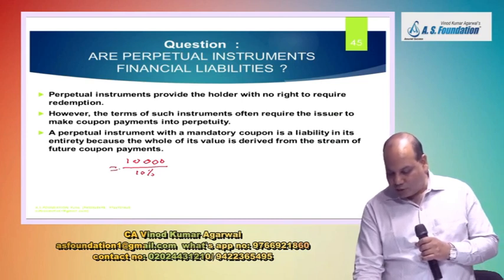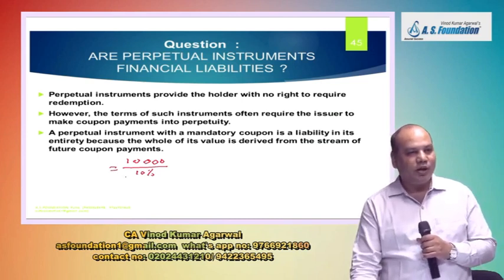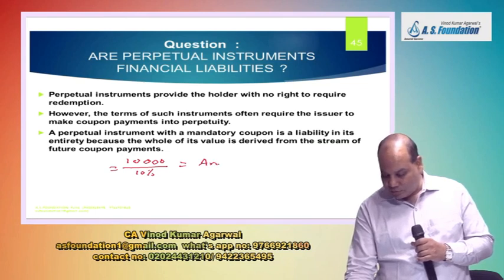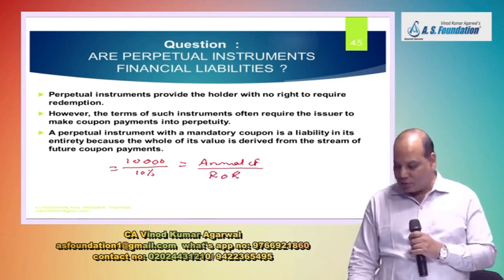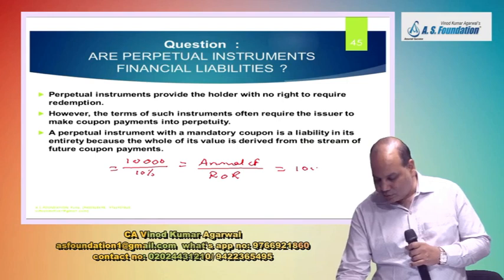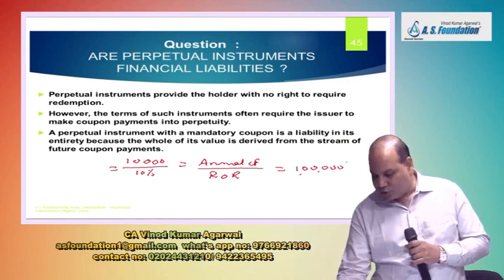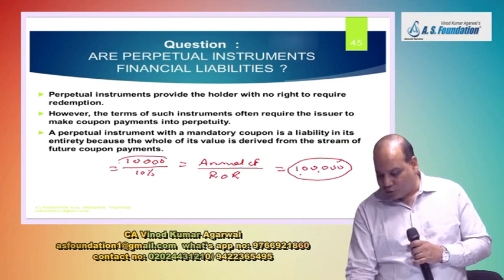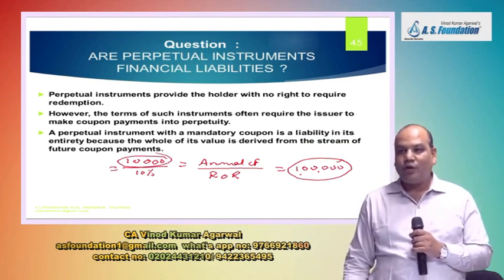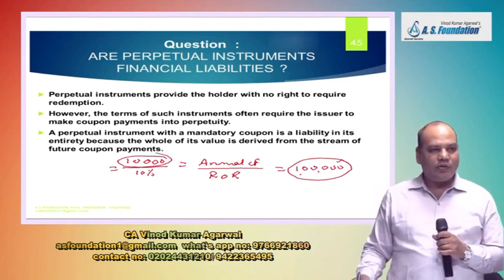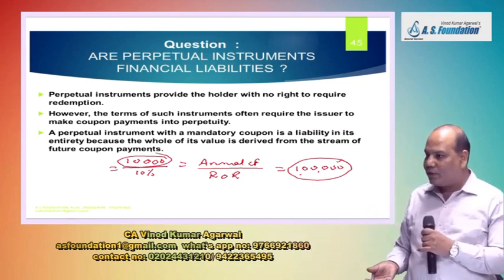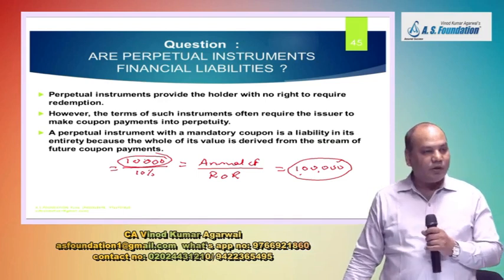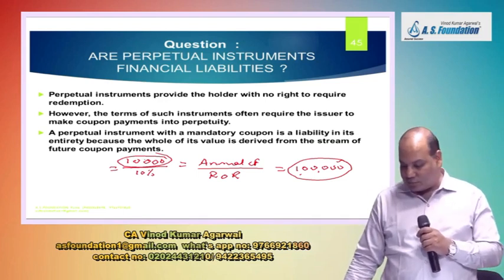So the formula to calculate the present value of a perpetual debt instrument is your annual cash flow divided by your required rate of return. So in this case the answer will be 1 lakh. So you are going to pay 1 lakh rupees. You are going to get 10,000 rupees every year forever. So what you are getting is nothing but the present value of all the future coupons. This is what you have paid for. So this will become a financial liability in its entirety.